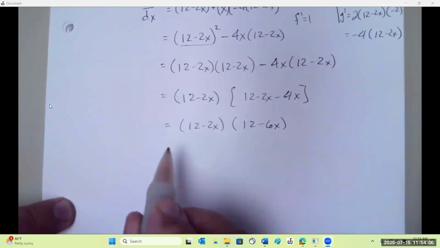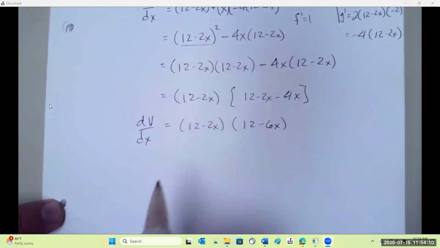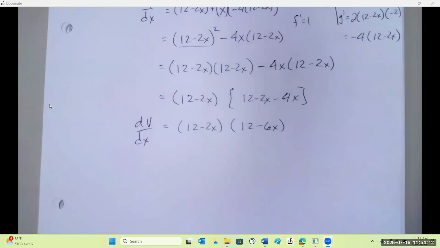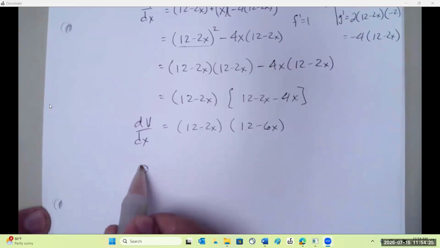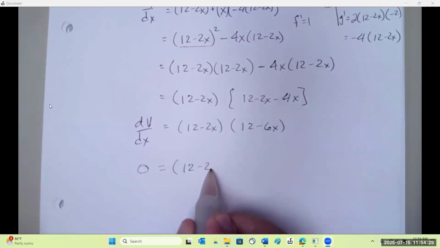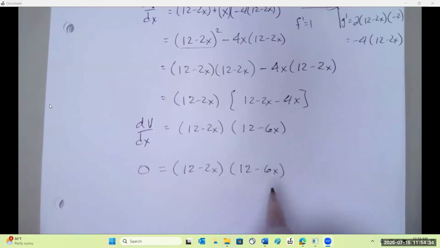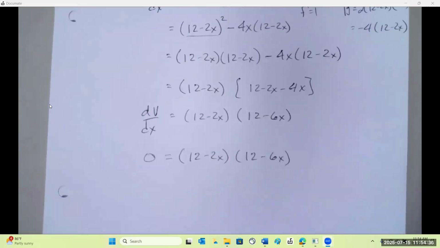Okay, so now what do we do? After we find our first derivative, what do we do now? We're looking for the maximum minimum. So what do we do? Set it equal to 0, because where the slope is equal to 0 is where the maximum minimum is going to be.